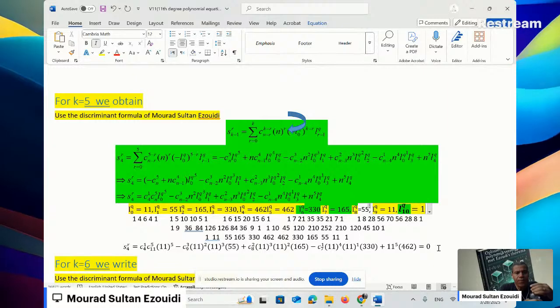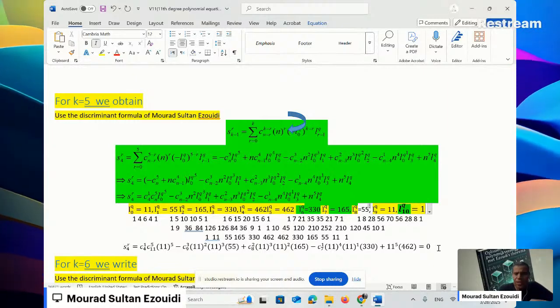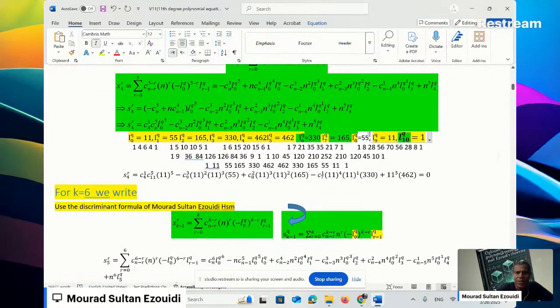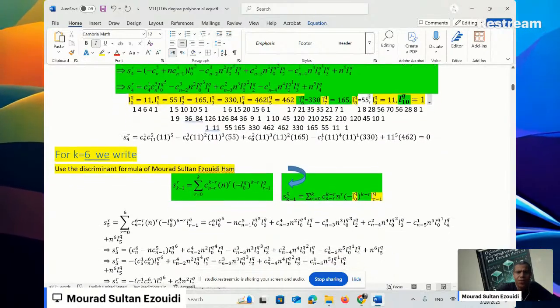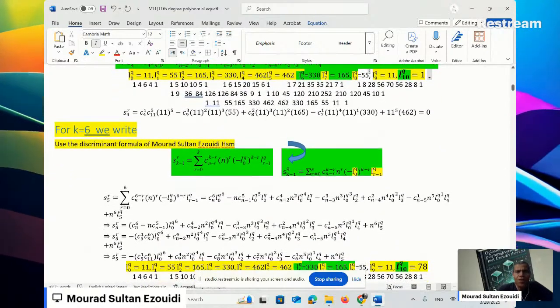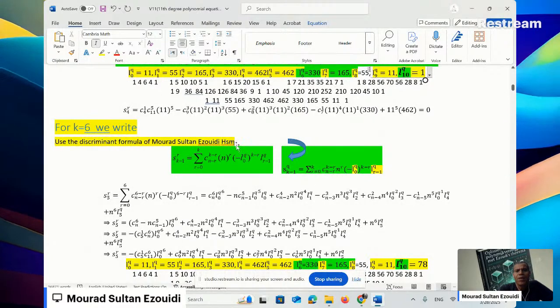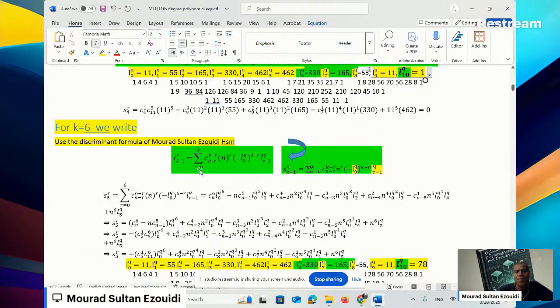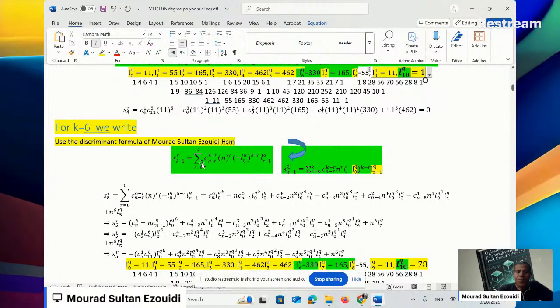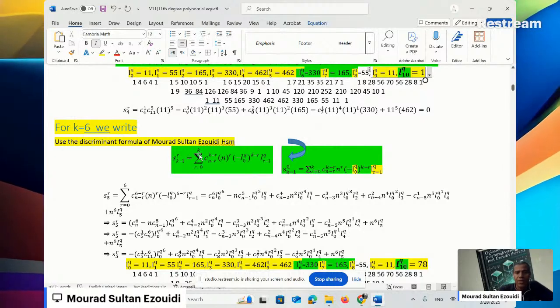Okay, the same here, we are going to substitute k equal 6 in the discrete formula of Mourad Sultan Ezouidi. Let's substitute: S subscript k minus 1 equals the sum where r ranges from 0 to k.